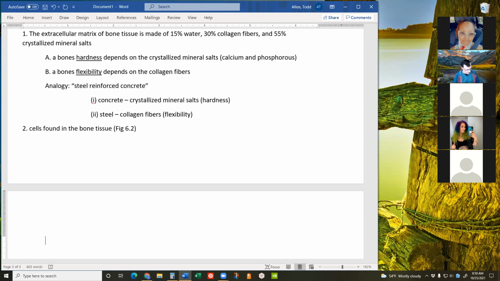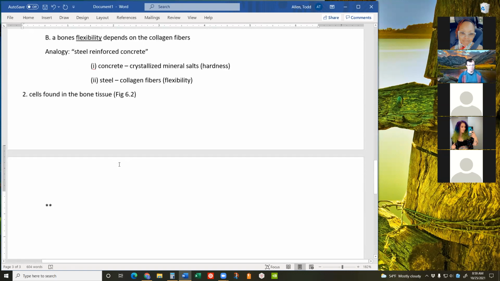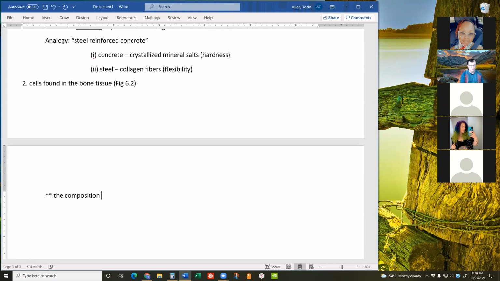Okay, so please appreciate that the composition of bones is in constant dynamic flux. Both the extracellular matrix and the population of cells present in your bone is going to change all the time.